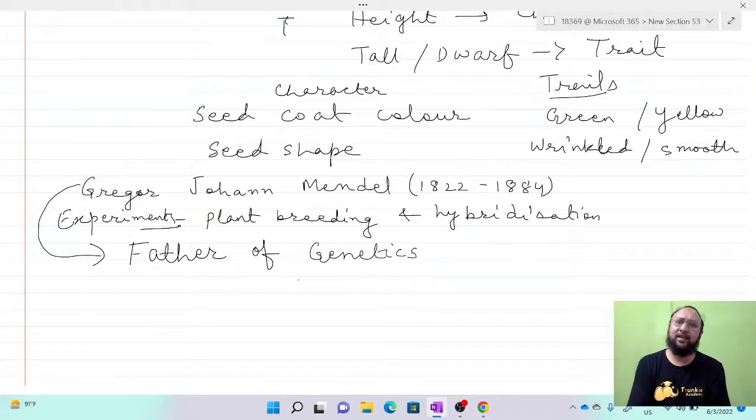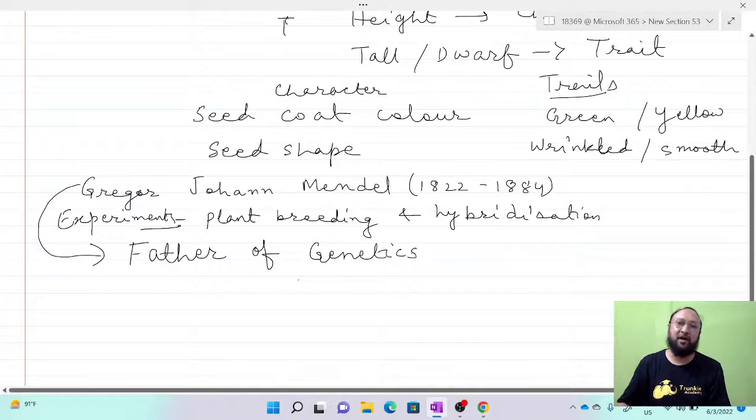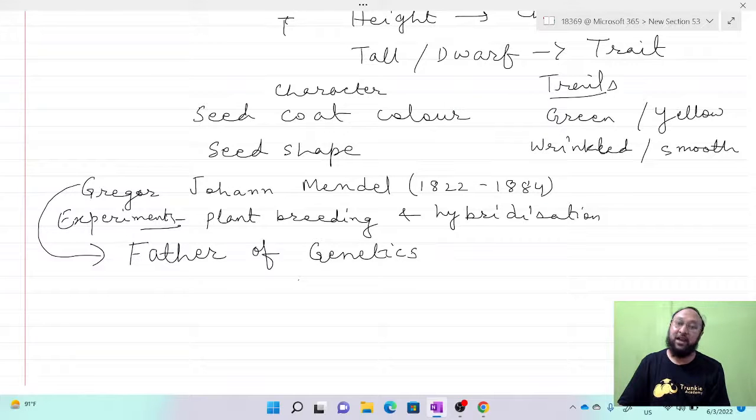Mendel selected the pea plant. There are many different types of plants and animals, but it is easy to work with plants for plant breeding and for experimenting on heredity.